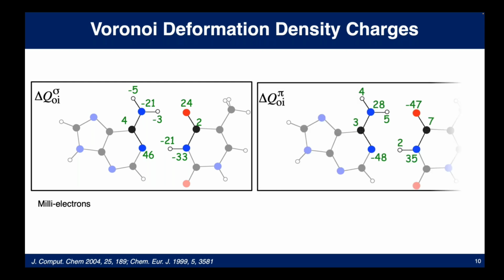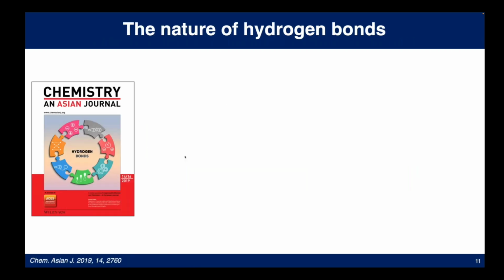The pi system also shows polarization. What we see here is that the oxygen atom gains electronic density in the pi system, and the NH2 group loses density. Also for the other hydrogen bond, we see a similar effect: the nitrogen gains density in the pi system and loses density in the sigma system, due to the donor-acceptor interactions in the sigma system.